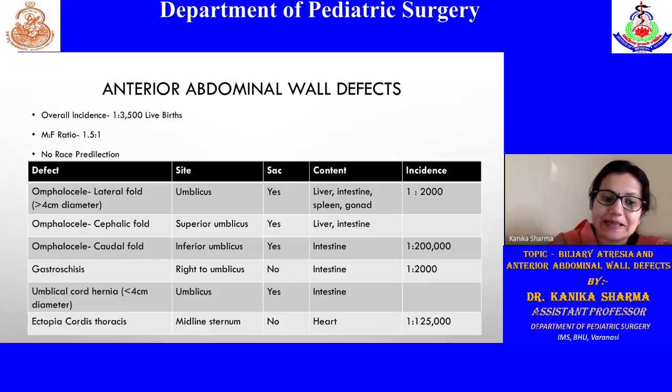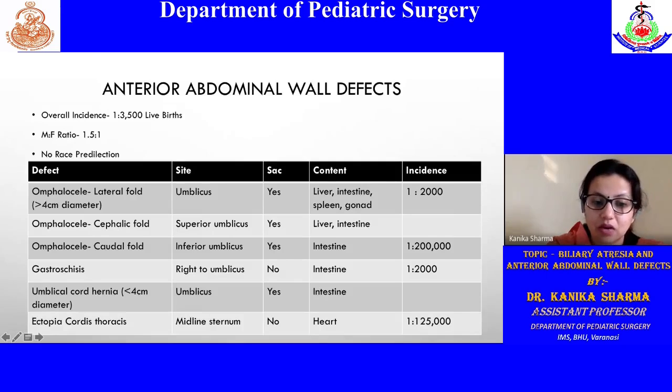These can present as a lateral fold defect, which is the most common variant. It can come as a cephalic fold or a caudal fold defect, which are very rare variants but have a very drastic presentation.